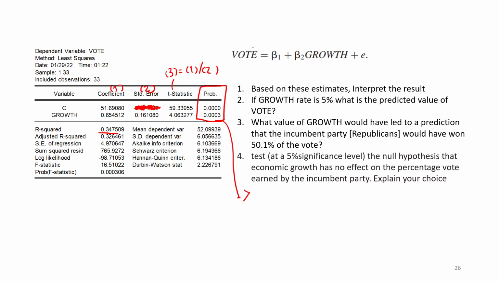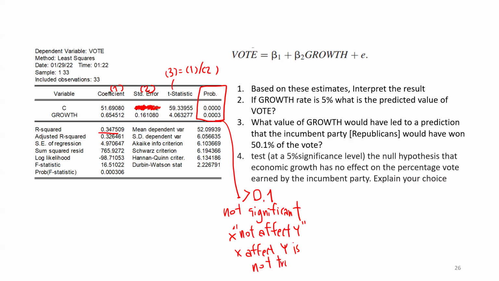Okay, first, if it's greater than 0.1, this means not significant. This means you can say that it does not affect, X does not affect Y, or X affects Y is not true.